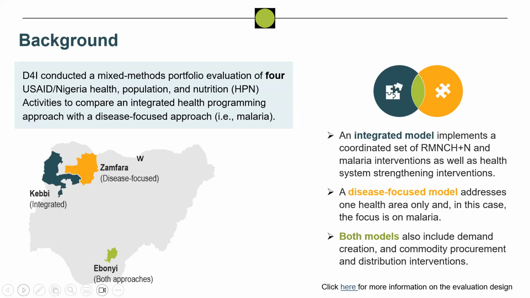The evaluation was conducted in 3 case study states, Ebonyi, Kebbi, and Zamfara, shown here. And one of the outcome domains that the evaluation examined was whether different programming approaches have different implications for local commitment and engagement and local capacity to support sustainability of outcomes. So here we're looking at localization from the point of measuring localization within health population nutrition programs.